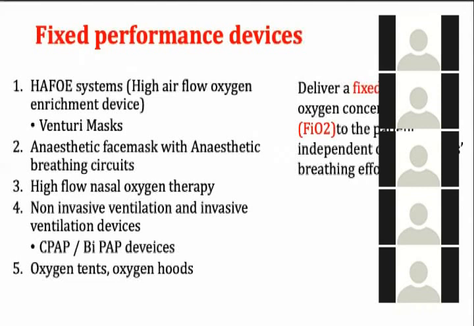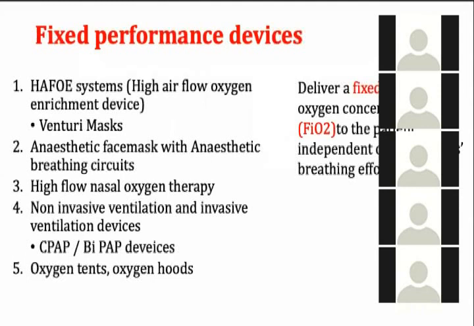So there would be a dilution of oxygen when it is being delivered to the patient. It is not only the patient's peak inspiratory flow or the amount of oxygen delivered by the device that matters, the entrainment also matters.